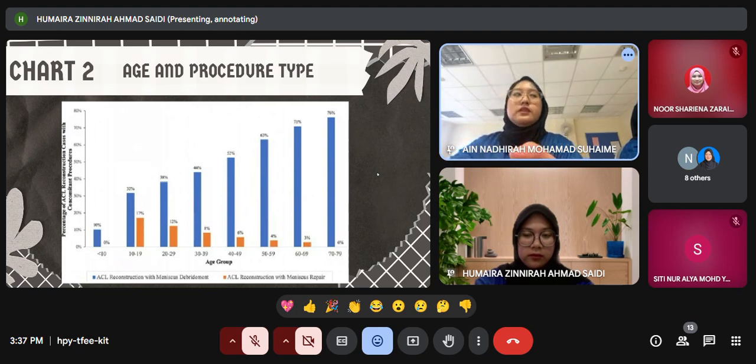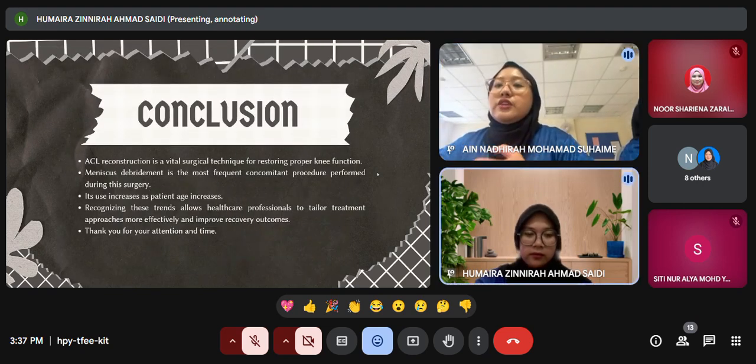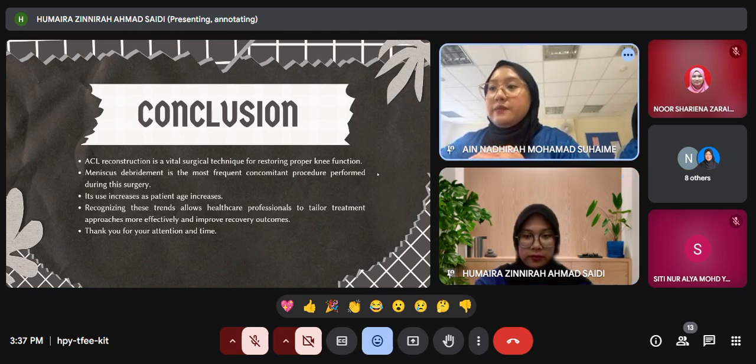In conclusion, ACL reconstruction is a vital surgical procedure for restoring knee function. It helps in stabilizing the joint, maintaining full range of motion, and ensuring proper ligament performance, as cited by Herzog and others in 2018.